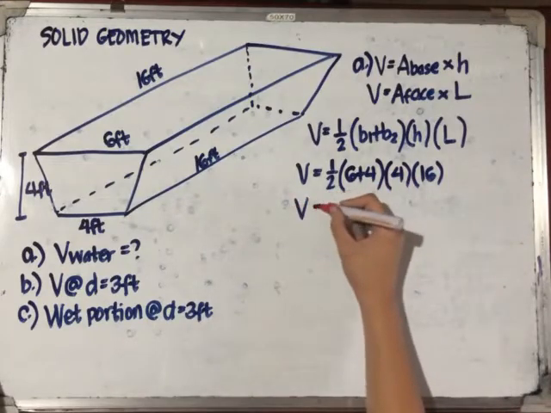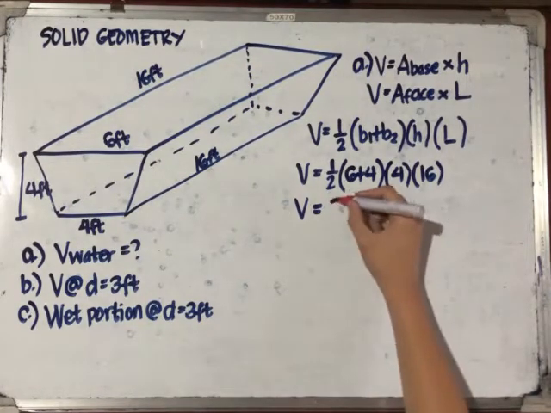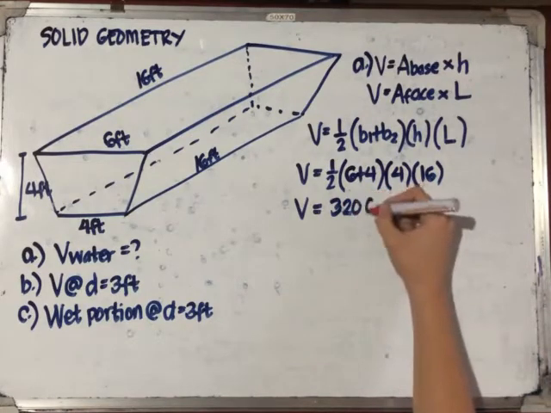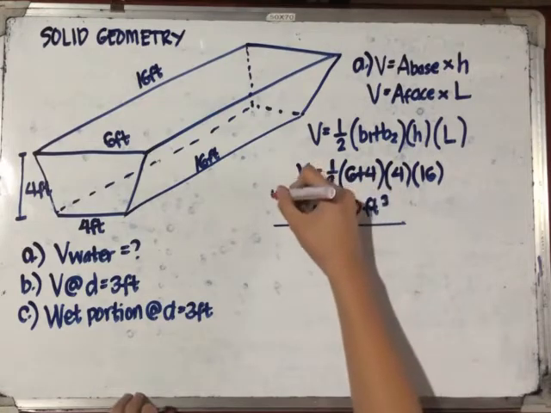And volume natin would be, how much is this? Let me calculate first. We have 0.5 times 6 plus 4 times 4 times 16. That would give us 320. 320 cubic foot. So that's the answer for the first question.